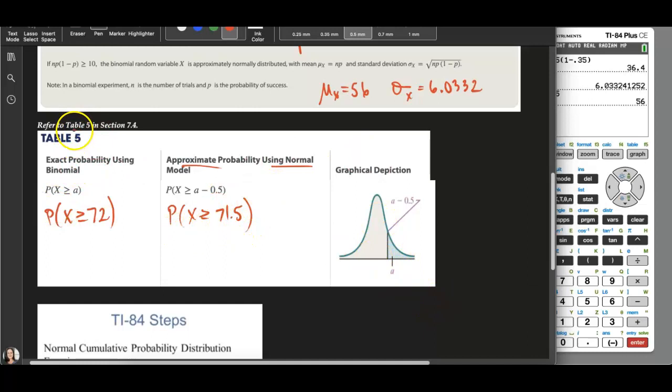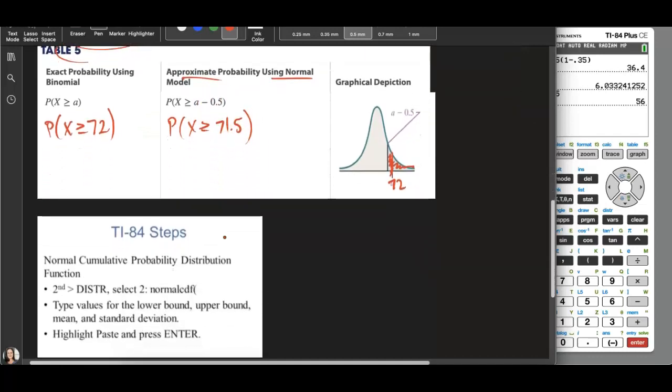And I'm referring to this table that's in section 7.4, and I only cut and pasted the information that we need for this particular problem that refers to an at least statement or a greater than or equal to statement. So treat this A as the 72 and think of it like this. You want to be able to capture the 72 in your area. And so to do so, that means you need to back up 0.5 units. You don't want to go a full unit less because then you're now at 71, right? So just a half a unit, either adding or subtracting, is what you do and see here in that particular table.